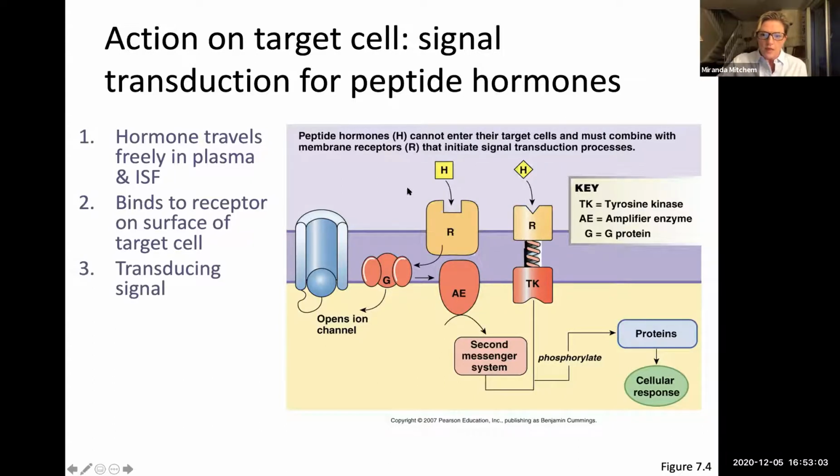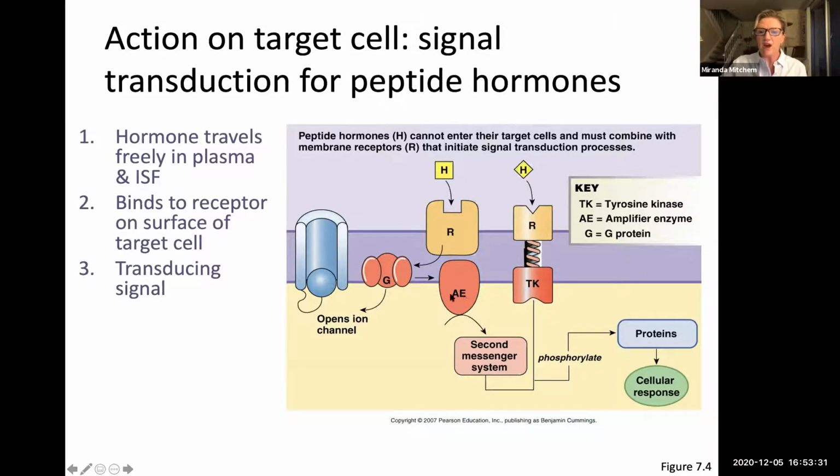So in this case, with our square hormone, it binds to its receptor, which then activates the gate control of an ion channel in this example. Notice it also feeds into an amplifier enzyme, which is also in the membrane, but it's crossing over into the intracellular space too.